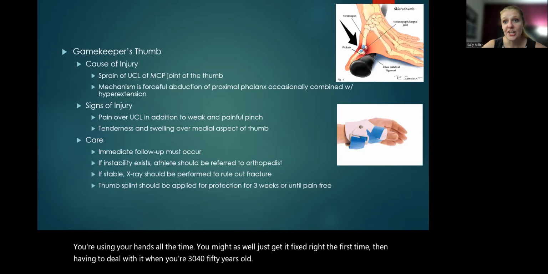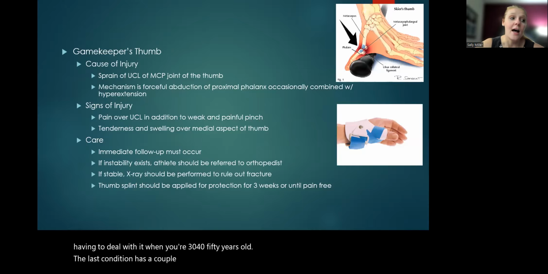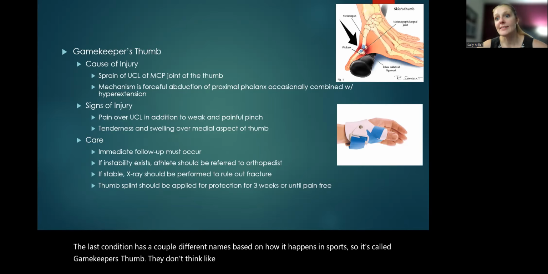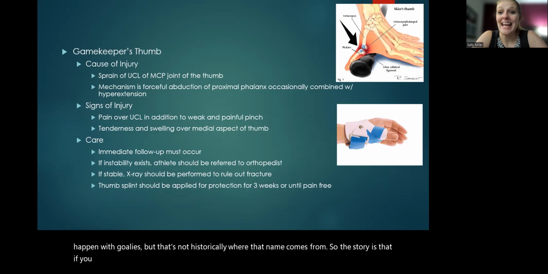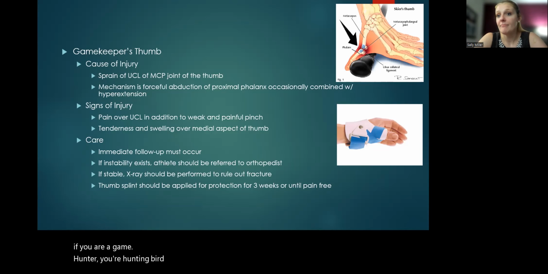The last condition has a couple different names based on how it happens in sports. So it's called gamekeeper's thumb, but don't think like the keeper as in like the goalie gamekeeper. It can happen with goalies, but that's not historically where that name comes from. So the story is that if you are a game hunter, you're hunting birds and other animals, I think it's with pheasants or doves or maybe both.